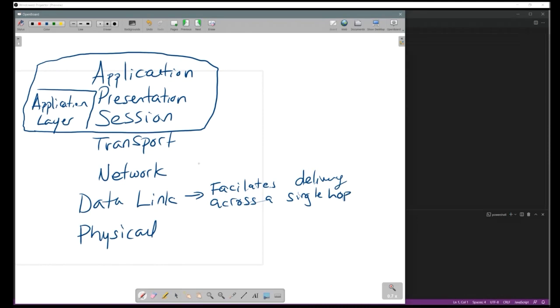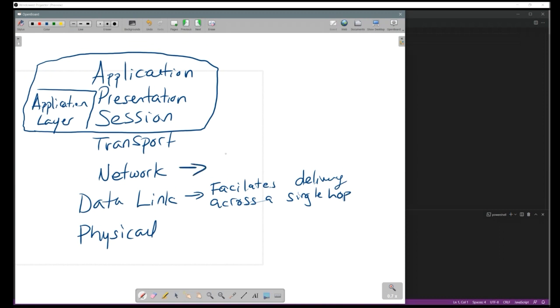So the actual internet itself requires many of these single hops. That is, your computer has to go to your home router. Your home router has to go to your ISP. Your ISP probably has 100 different routers connecting different other ISPs. And all of these need to be stringed together. And essentially, that is what the network layer provides.